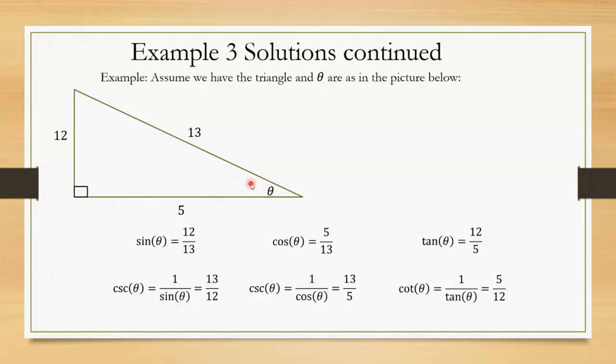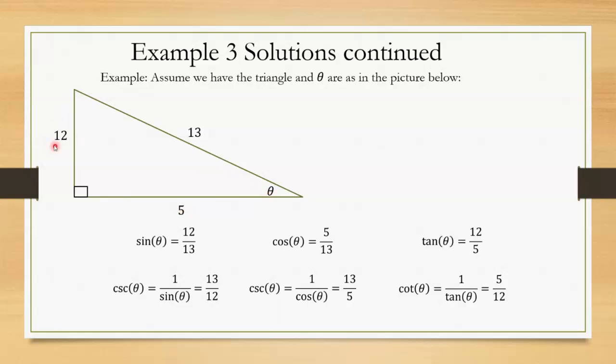Tangent of theta is opposite over adjacent. Sorry, I forgot something. Cosine is 5 over 13. Secant is 1 over cosine, so you turn the fraction upside down. You invert it. Tangent of theta, that's opposite over adjacent.